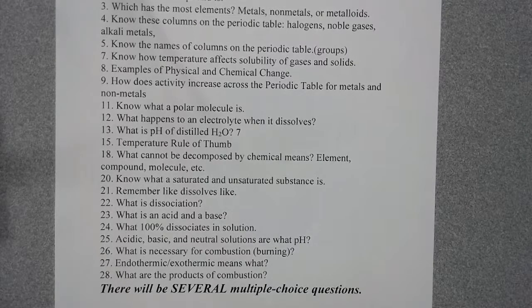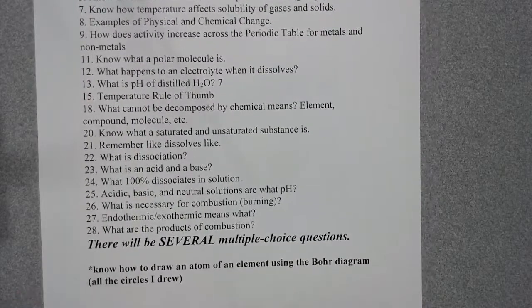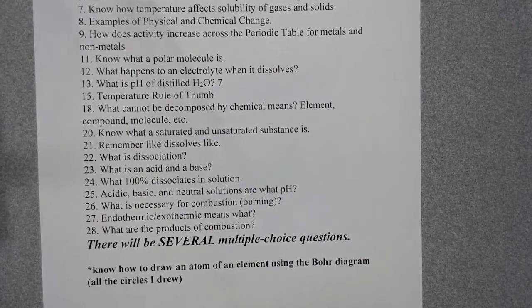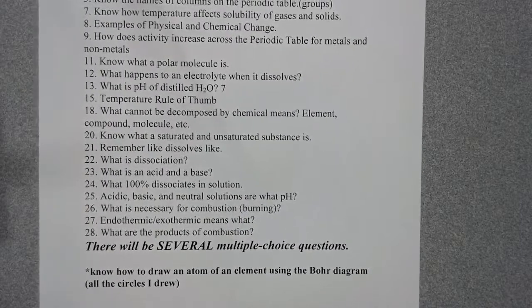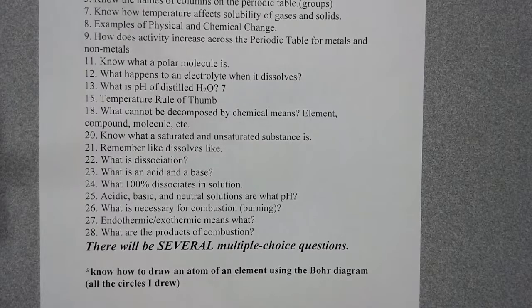What cannot be decomposed by chemical means? That's going to be its element. Because like the elements on your chart, those are what you start with to make compound molecules. It can't be broken down farther than that, well, by chemical means at least. Know what a saturated and unsaturated substance is. A saturated substance is when all the solute that will dissolve at that temperature has been dissolved in that solution.